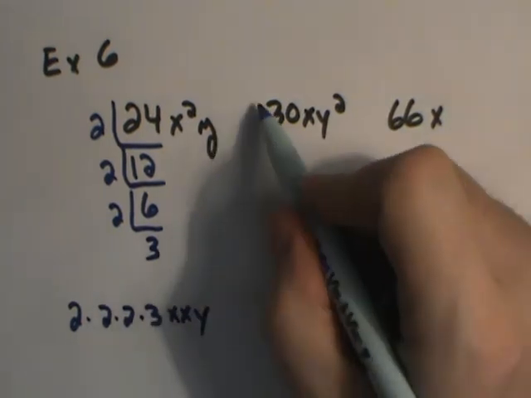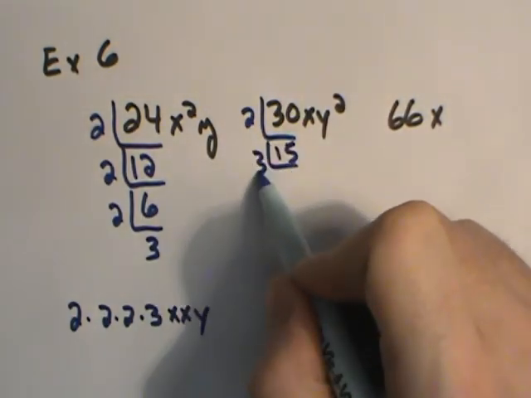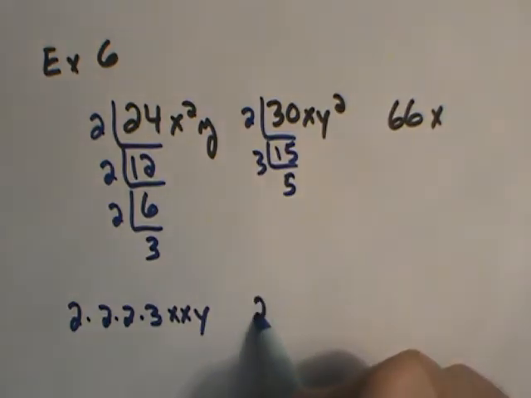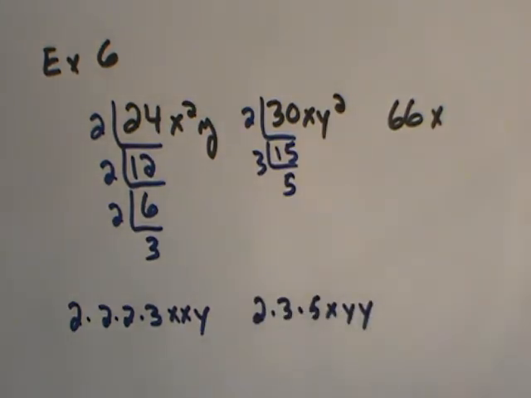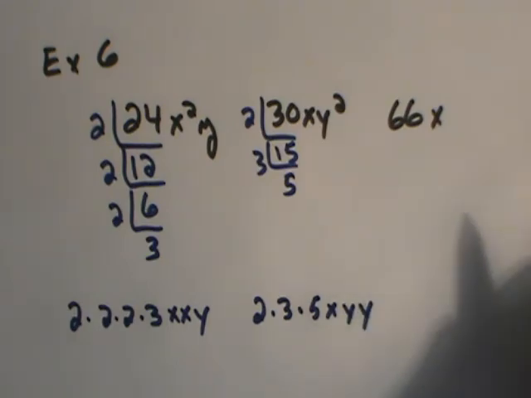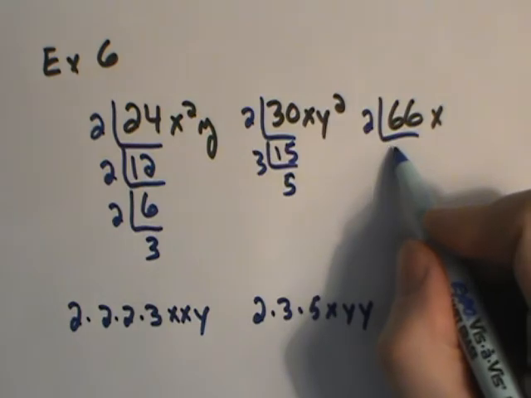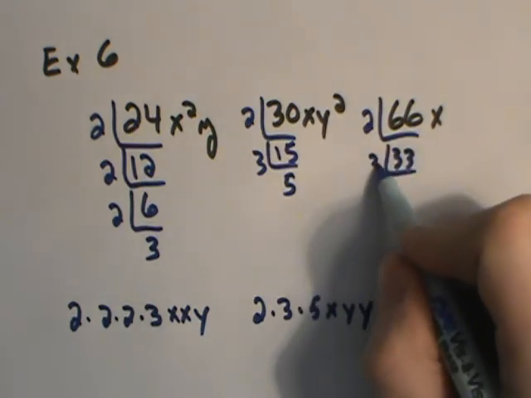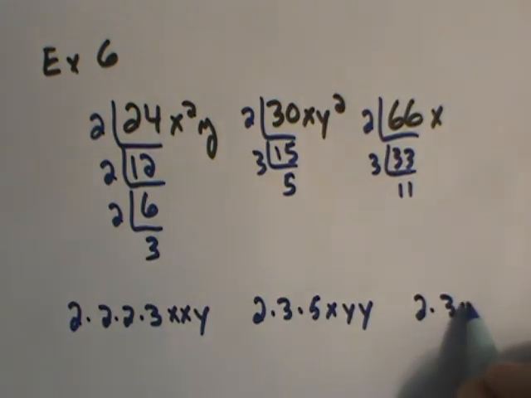And then you want to break your 30 down. 30 would be 2 and 15, and 3 and 5. So we can call this 2 times 3 times 5, x, y, y. And finally we get to our 66. We can divide by 2, which would take us to 33. Divide by 3 takes us to 11. So we call it 2 times 3 times 11, x.